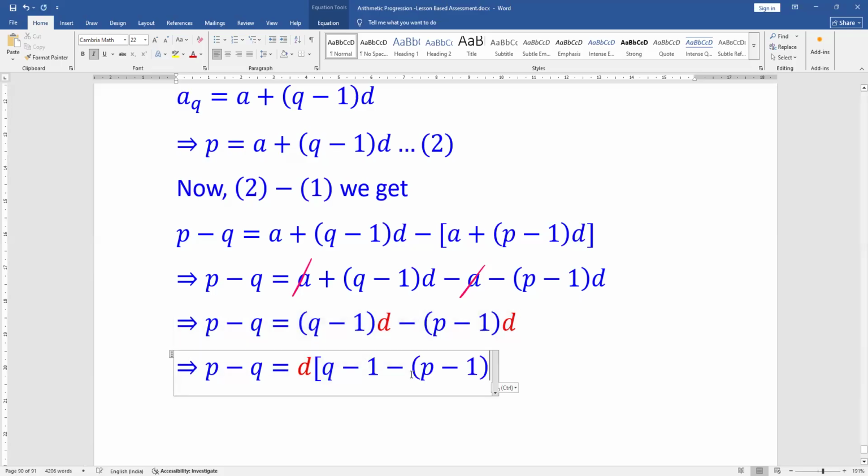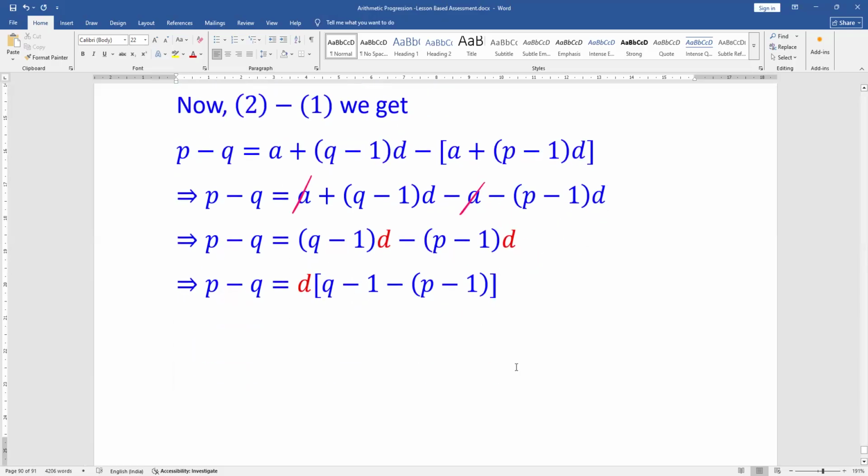You should write it along with the bracket because you should not directly open the bracket. I'll show it in another step, but if people are already experts, you can do the direct step. So P minus Q is there as it is, equals T over Q minus 1.